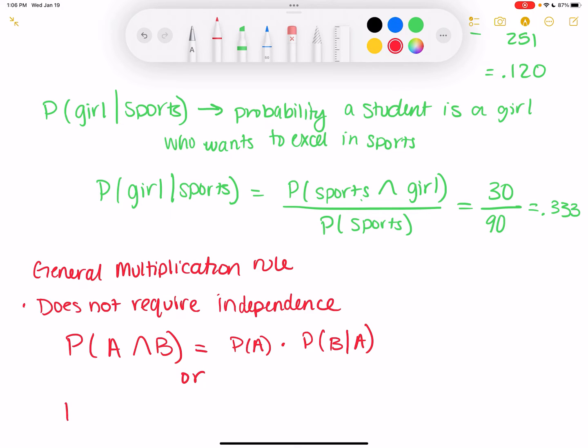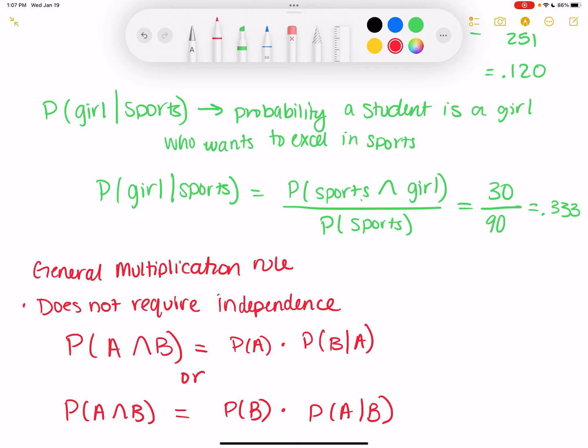Or the probability of A intersect B is equal to the probability of B times the probability of A given B. So you now have the conditional probabilities playing a factor in this, which is why we did the conditional probabilities before we actually went to the general multiplication rule, because if not, you would have been confused.